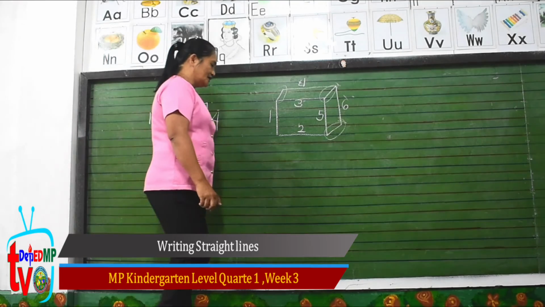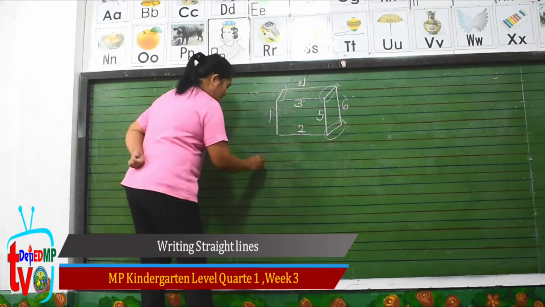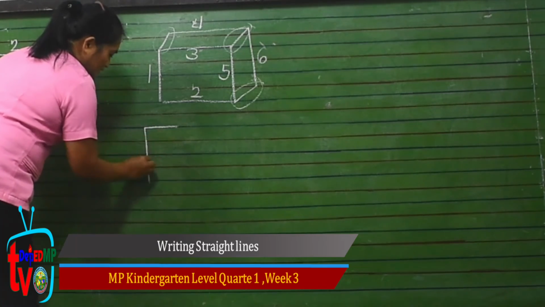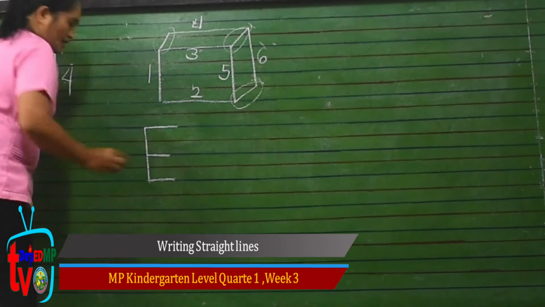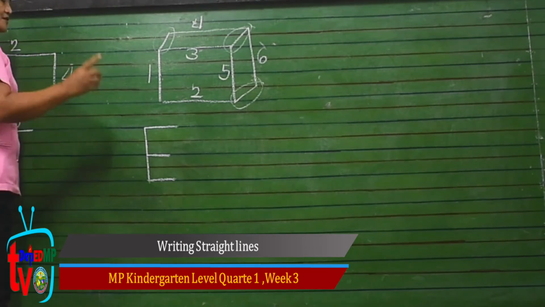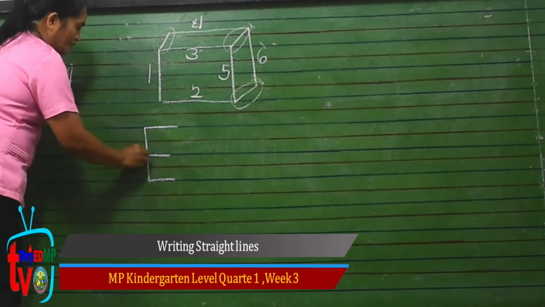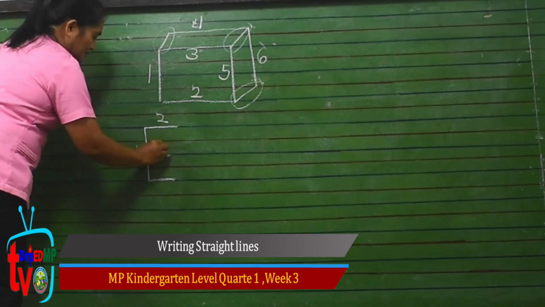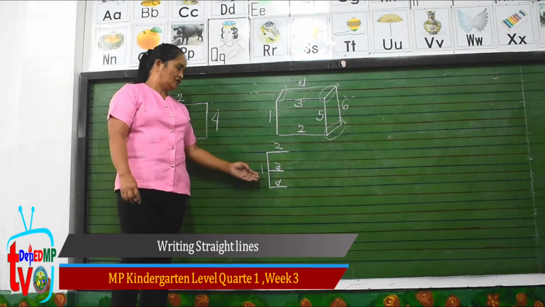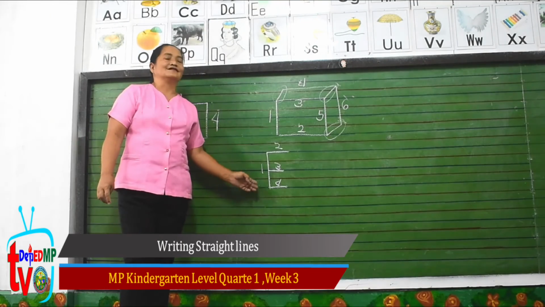Okay. Next, let's have another one. The last figure. It is this one. How many lines did we make? Count. 1, 2, 3, 4. Are they all straight lines?